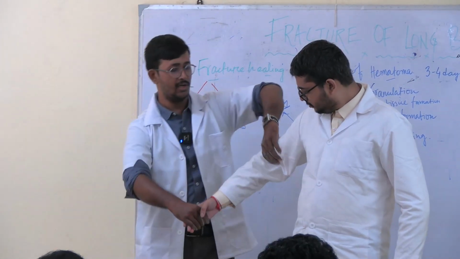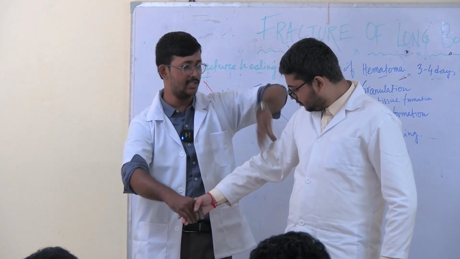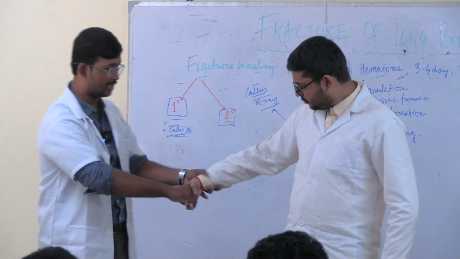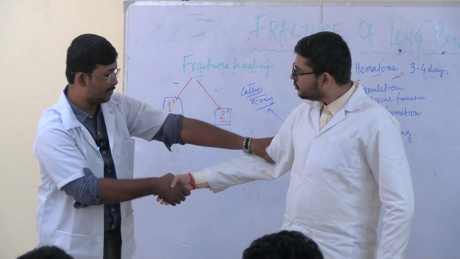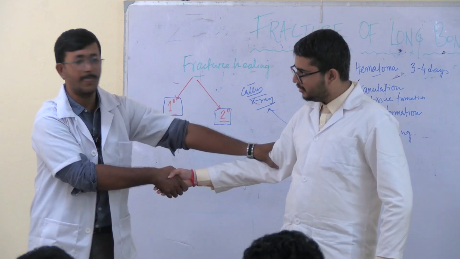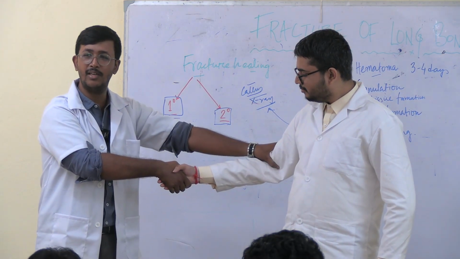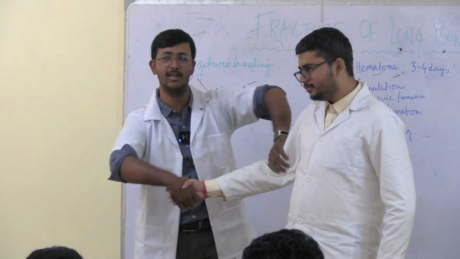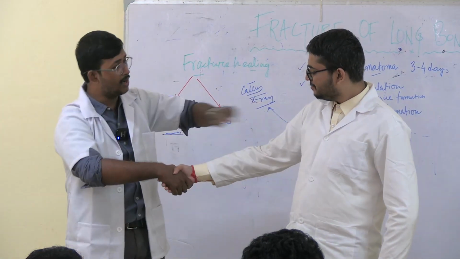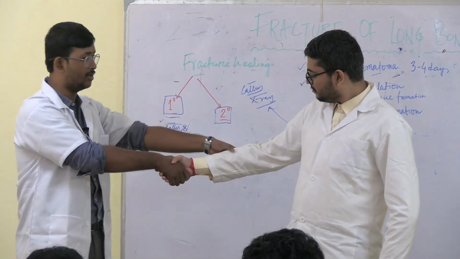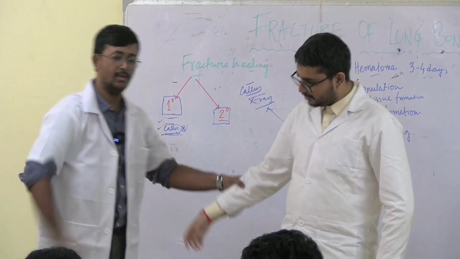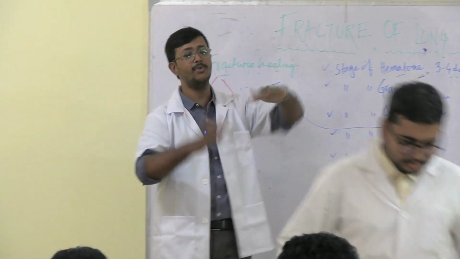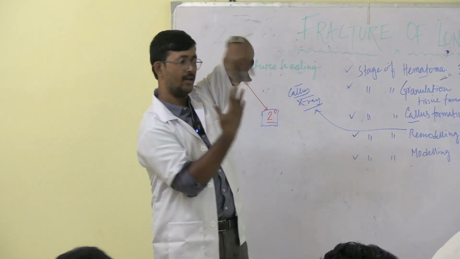One person will hold this hand in this direction, and another person in the other direction, and both of them will pull. That is a very vigorous act. It is proper pulling, not like what I am doing here. One person will pull from that side, another person from this side. Then what will happen? Suppose the fracture is, this is the radius.